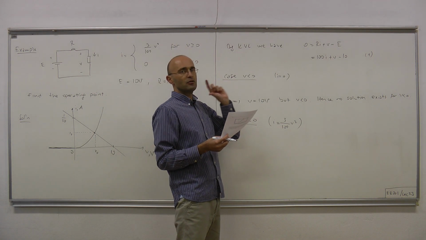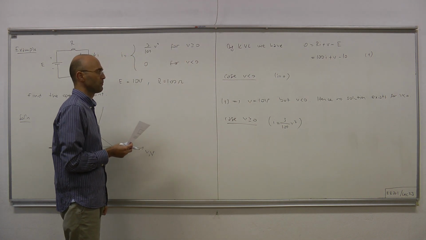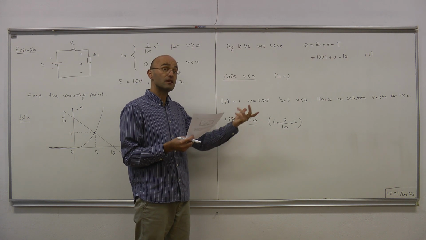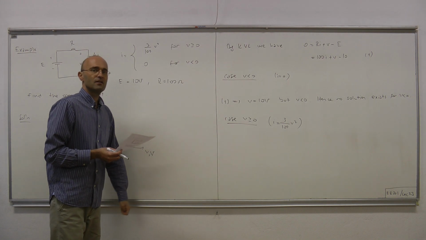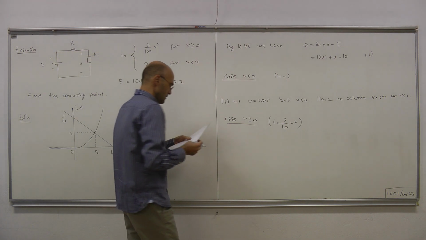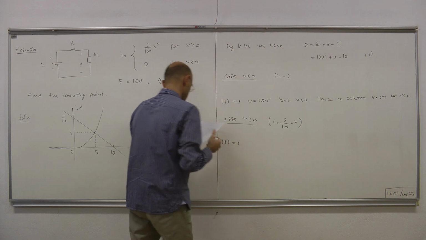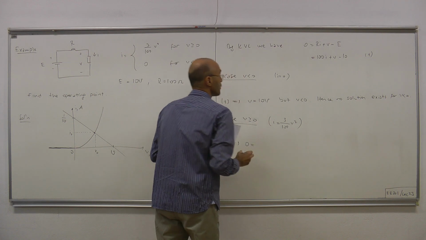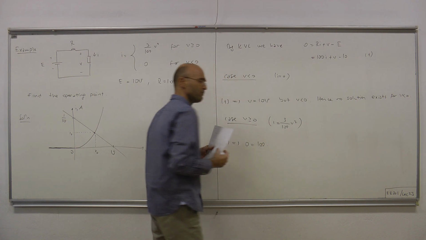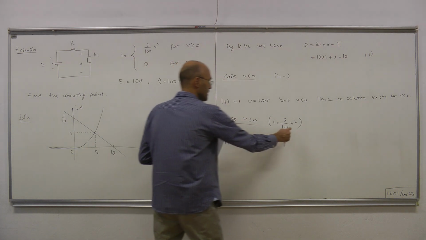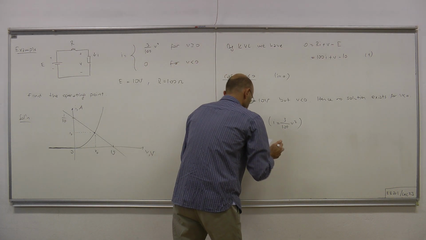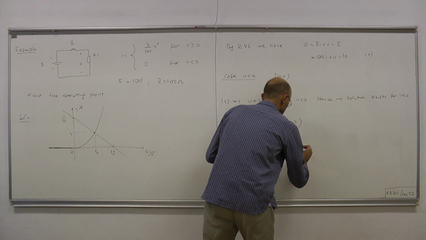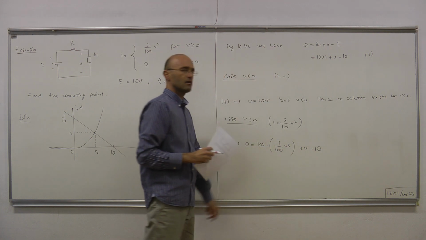By looking at the root locations, we will see whether either of them satisfies this assumption. If it does, then that would be the solution. So load line equation 1 implies 0 equals 100 times 3 over 100 V squared plus V minus 10.